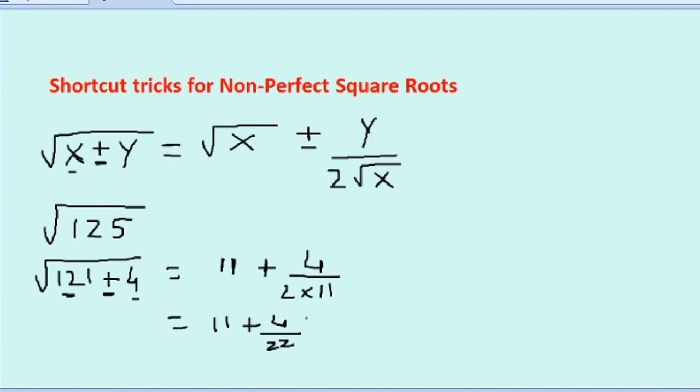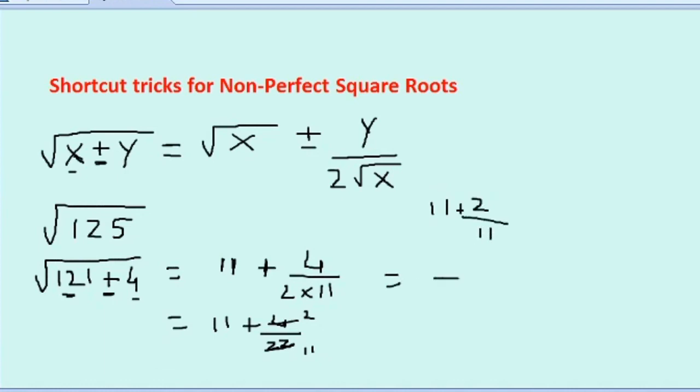I can simplify this: 2 2s are 4, 2 11s are 22. So we get 11 plus 2 upon 11.